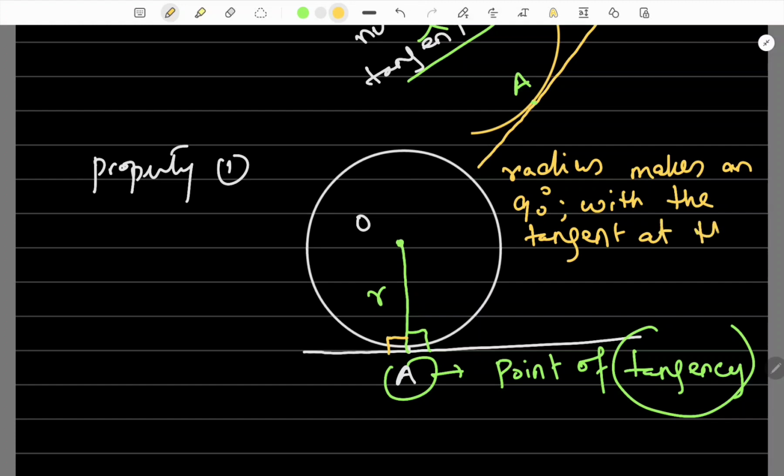At the point of contact, right? So radius makes an angle of 90 degrees with the tangent at the point of contact, or you can say at the point of tangency. एक ही बात है बेटा. Clarity? So this is property number one. Very simple, very straightforward, right?